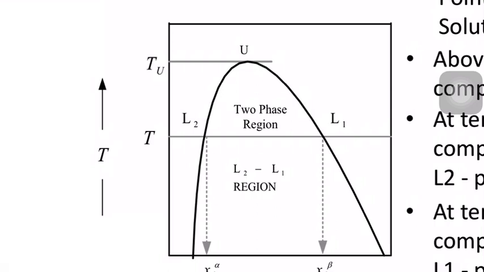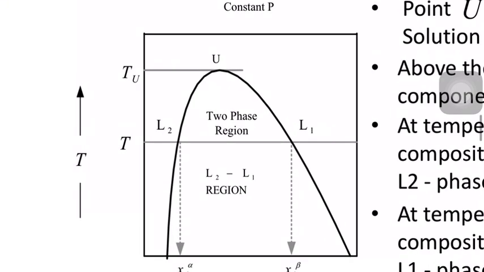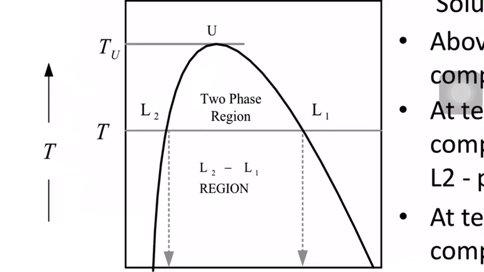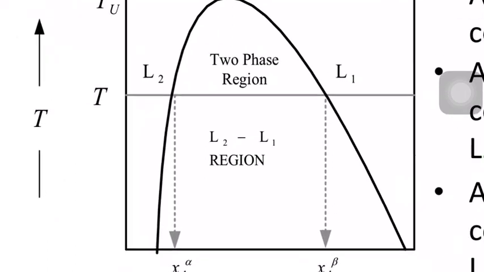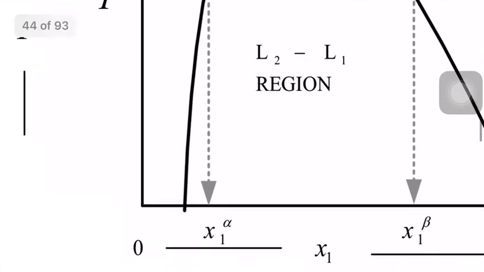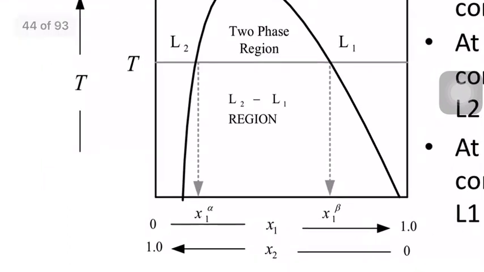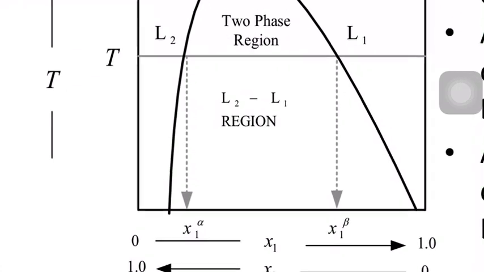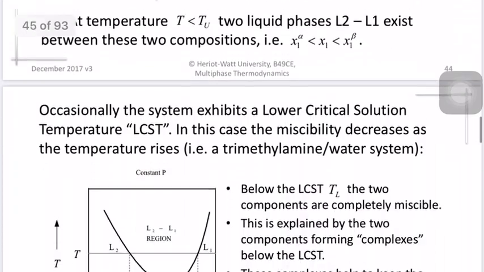After this temperature we always have one liquid phase. Below this temperature we have three regions: the component 2 rich region, the component 1 rich region, both one phase, and the two-phase region, where we have the immiscible part.